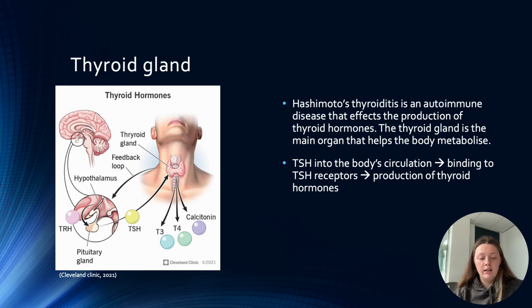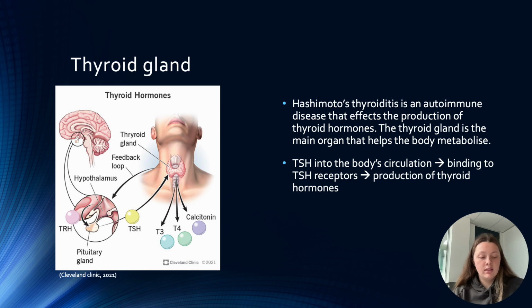The thyroid gland is the main organ that helps the body to metabolize. The release of thyroid hormones is signaled from the hypothalamus, located in the brain, as seen on screen. The hypothalamus reacts to the low level of thyroid hormones and instigates the release of thyrotropin-releasing hormone, or TRH.